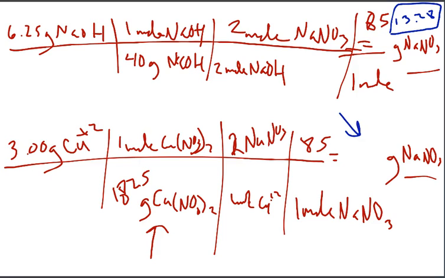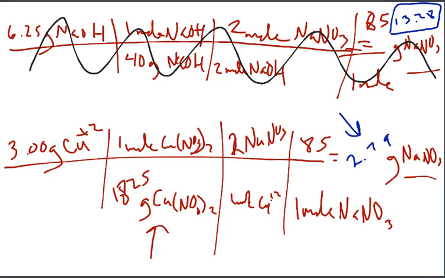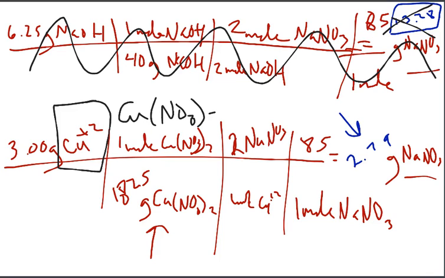For this one, I get 2.79. So it is obvious which one of these is a small number. So I'm going to completely ignore all my math here, because this is my limiting reactant, my Cu(NO3)2. So now I already have 2 answers that it wants here.